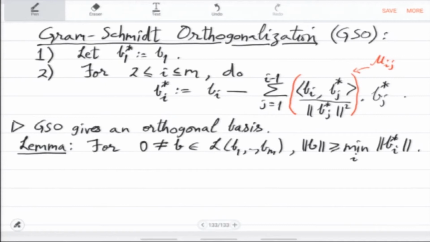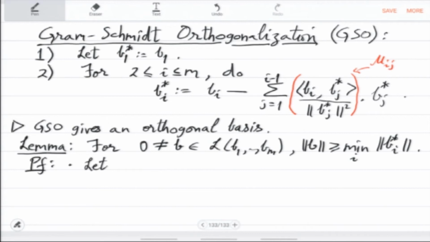If you just pick the minimum vector in the orthogonal basis, you at least know that every non-zero vector in the lattice is lower bounded by this. So the shortest vector cannot be smaller than this. But we don't know how good an estimate this is. Okay, but let us start with this property. It has a simple proof.